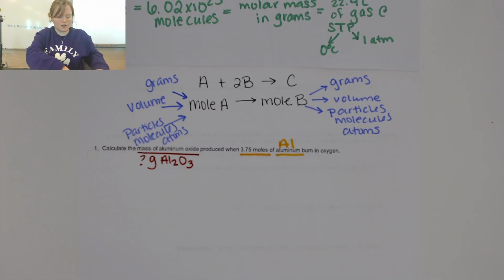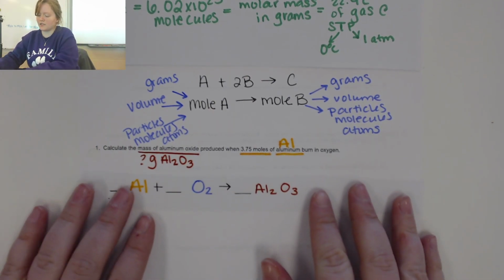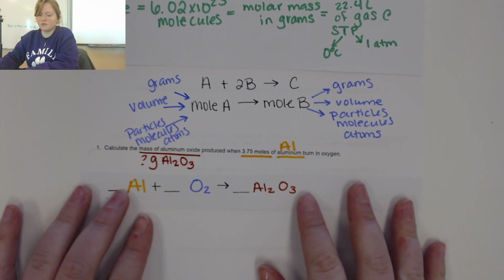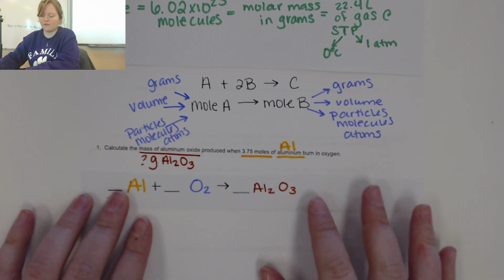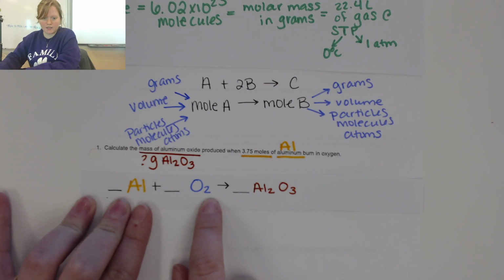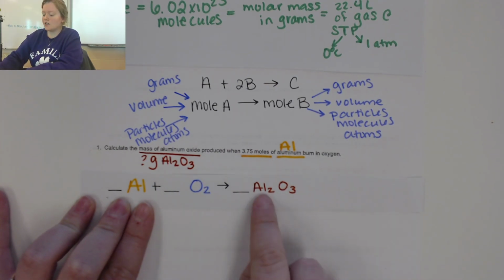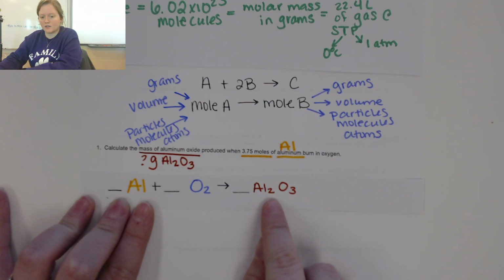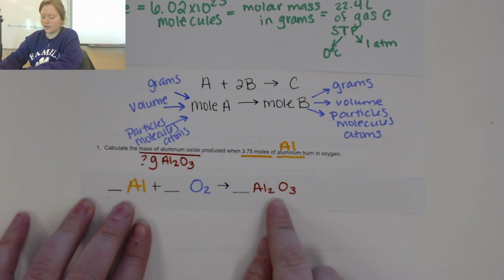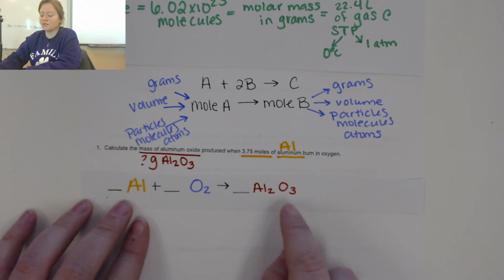We have our equation. I'm going to go ahead and place this here and we'll talk through it. The equation is aluminum plus oxygen. Remember, oxygen is diatomic, so it needs to be O2, yielding aluminum oxide, Al2O3.